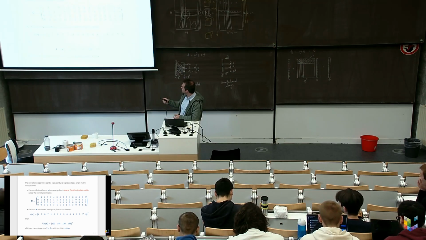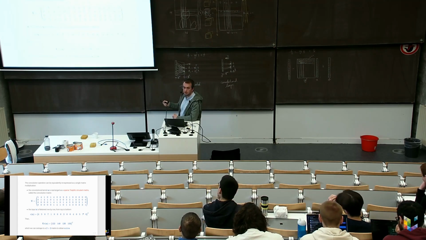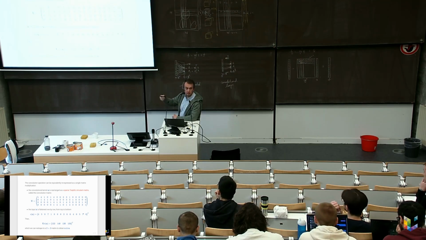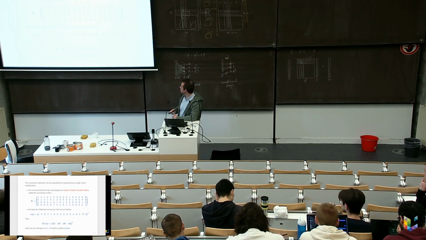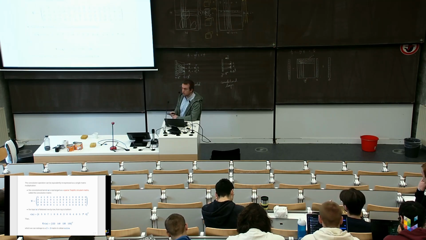Then if you compute the matrix-vector product of this matrix U, the convolution matrix, with this flat vector, what you obtain is the flattened version of the output of the convolution. You can recompute these values yourself and you will see that we recover the values obtained from the convolution.